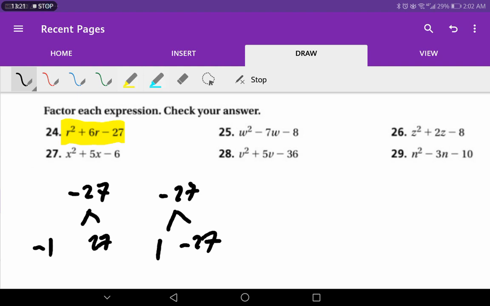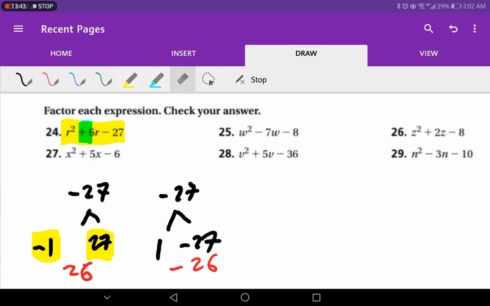But every time you start factorizing, check the middle term. It is positive 6, and if you add them here, you will get 26. Okay, 26, and here negative 26, and this is far away.